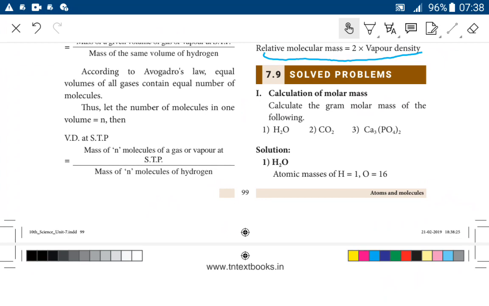There are 2 hydrogen atoms in the water molecule, only 1 atom of oxygen. So you have to multiply the atomic mass by the number of atoms.